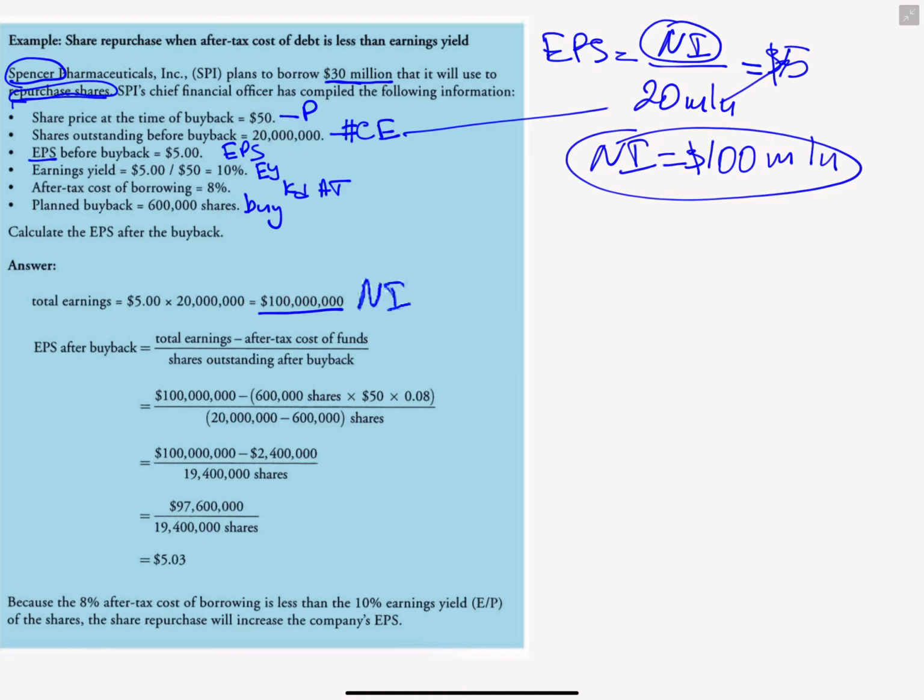So as we said, we should distribute the cash from this 100 million because we have earnings and we want to pay dividends. But here it is not a dividend, we want to buy shares of shareholders.